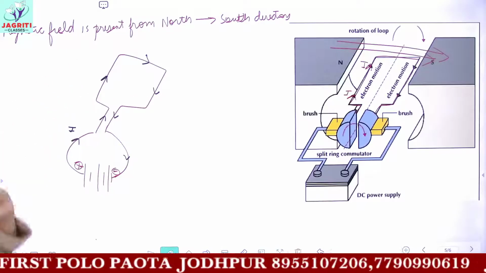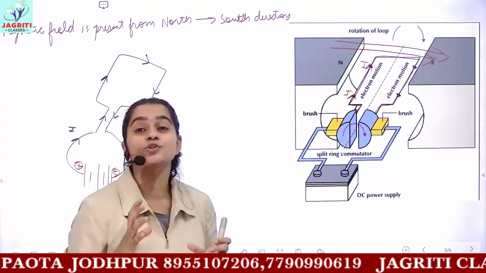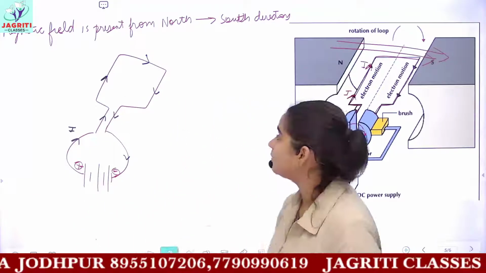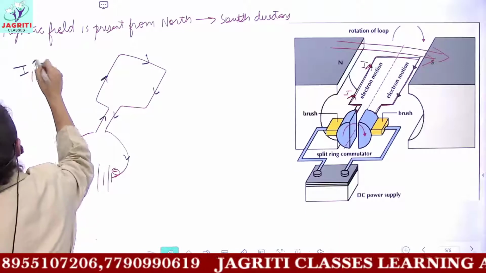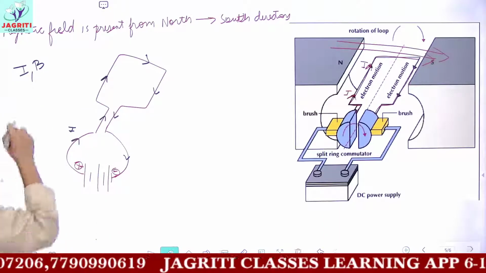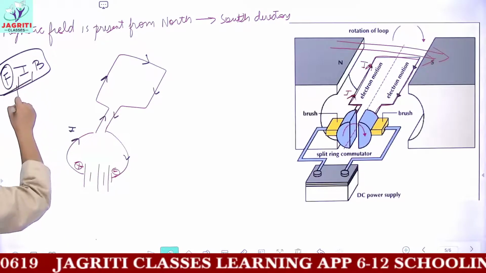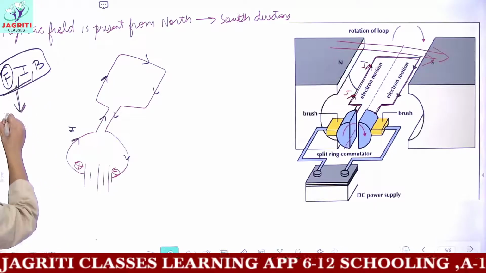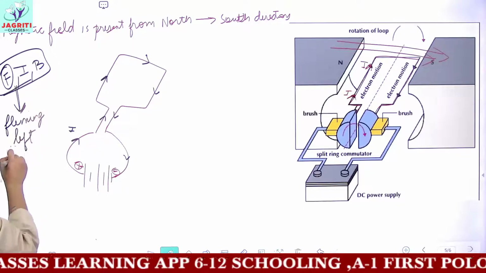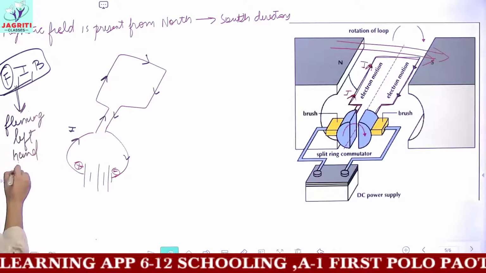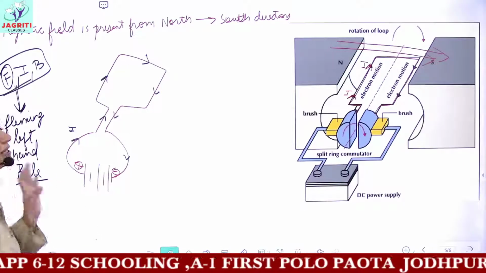When the current flows, can you see in which direction the force would be applied? When we have the presence of current and of a magnetic field, I have to find the direction of force applied. This can be observed by using which rule? By using Fleming's left-hand rule. This rule we discussed in our previous class. So what is Fleming's left-hand rule?